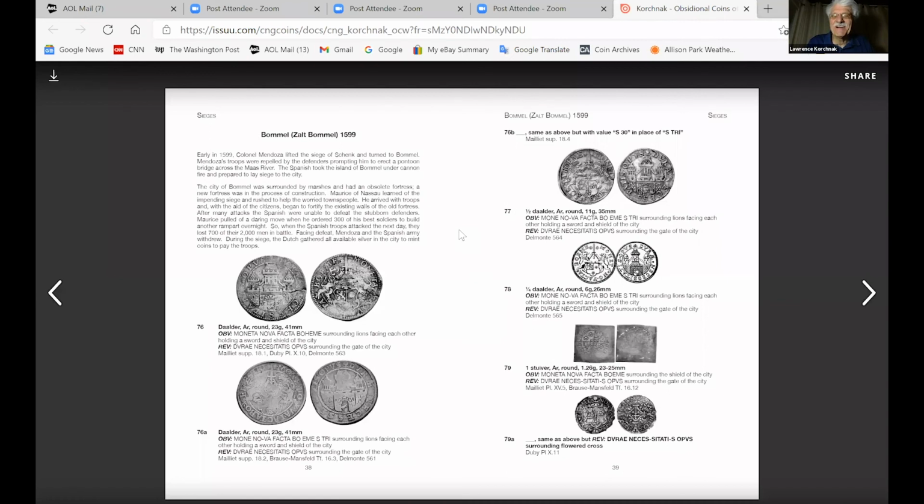What is the price range of these pieces of history? You can buy a siege coin for as little as $45, $50, the more recent ones, to tens of thousands of dollars. Wow. Tens of thousands. It's not in here, but the South African 1902 siege.